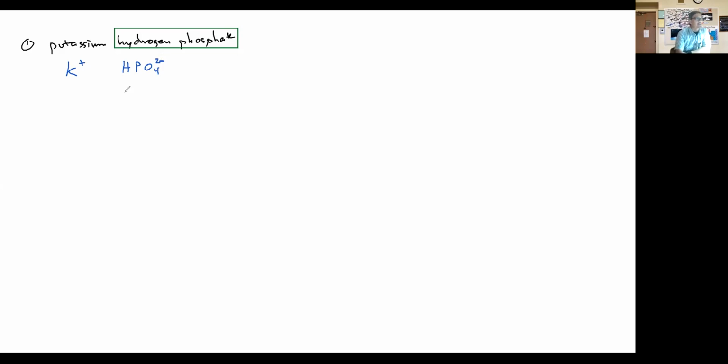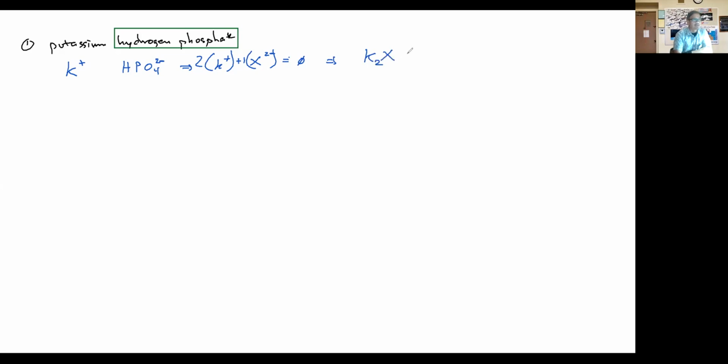What I'm going to do is replace this, just for right now, with an X. So we have X with the 2- here. The hydrogen phosphate is a single unit that we are referring to as X. To balance this out, hopefully you see that we need 2 of the potassiums for every 1 of these units, and therefore that will equal 0. So when we write this out, we have K2 and 1X.